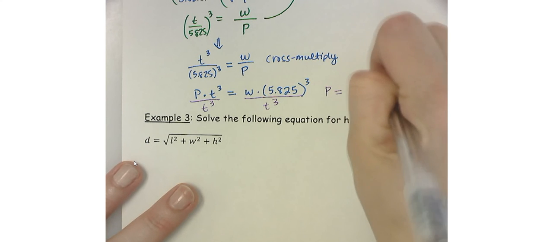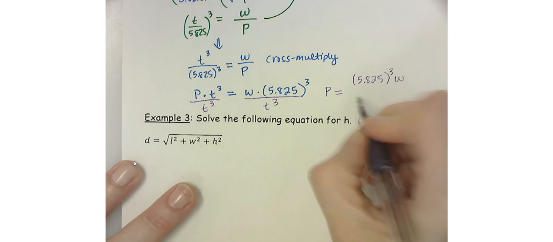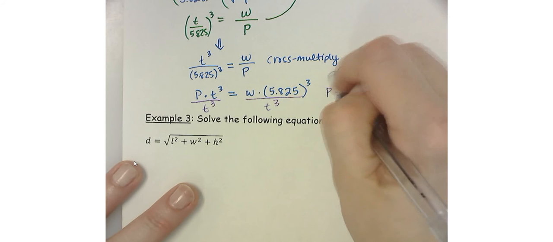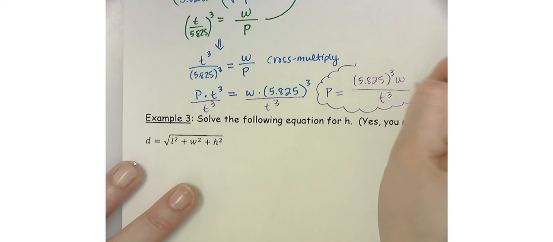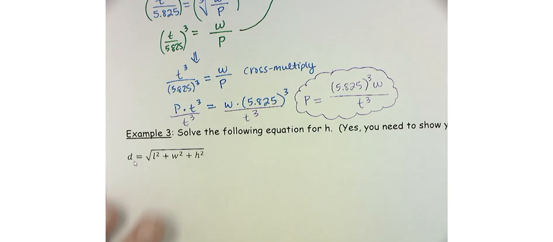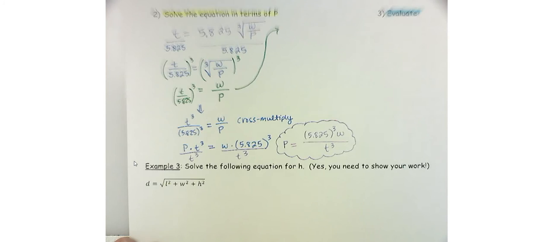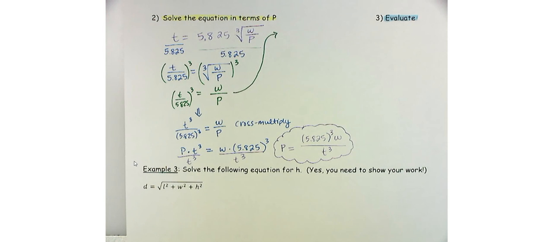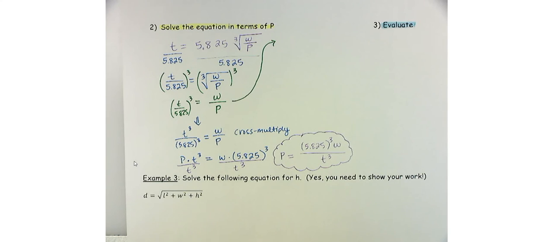And then the other method we talked about would be where you multiply both sides by P. Now, when you do that to get P by itself, you are now going to have to divide.